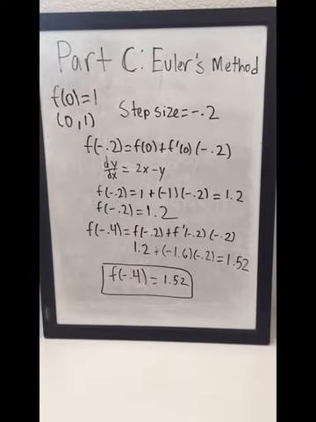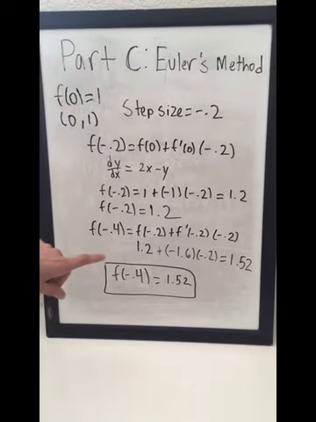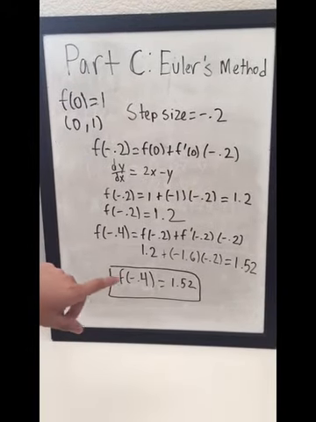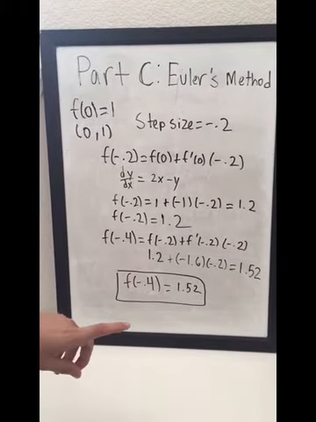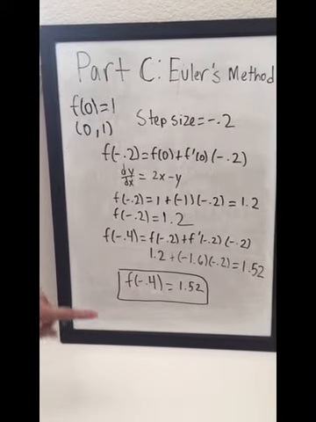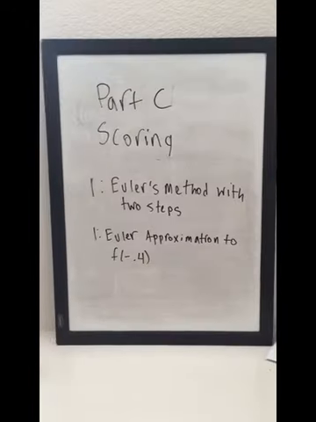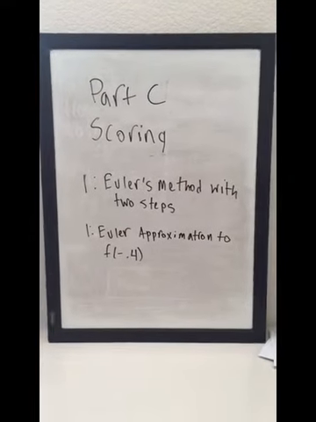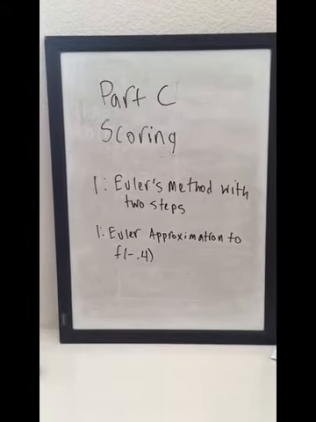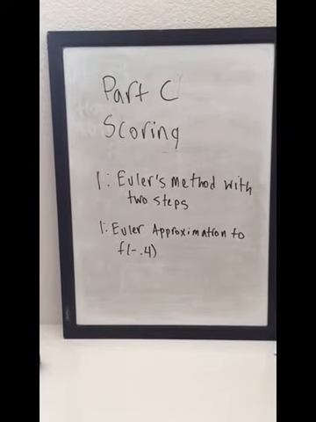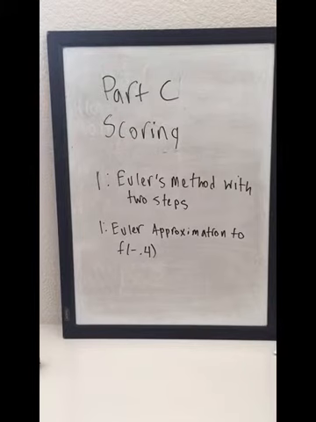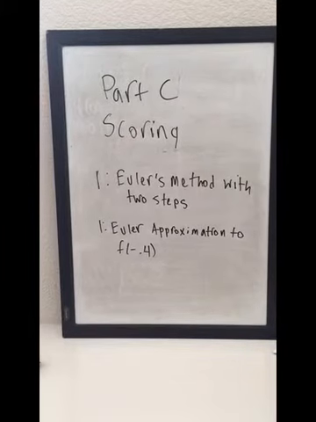So f of negative 0.4 equals 1.2 plus negative 1.6 times negative 0.2, which is 1.52. So f of negative 0.4 equals 1.52. Alright, so the way they scored part C was you got 1 point for using Euler's method with 2 steps, and you got 1 point for the Euler approximation of f of negative 0.4.